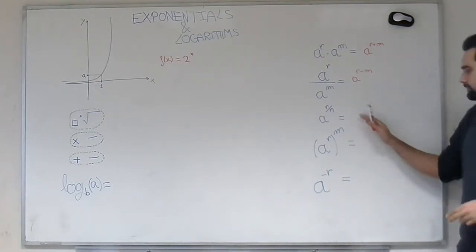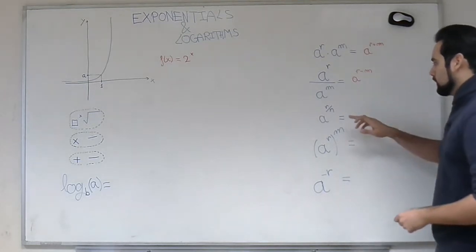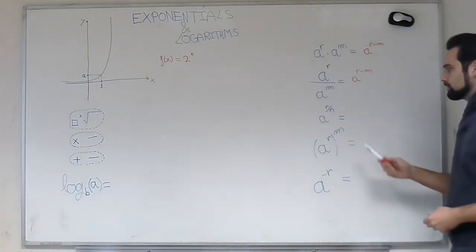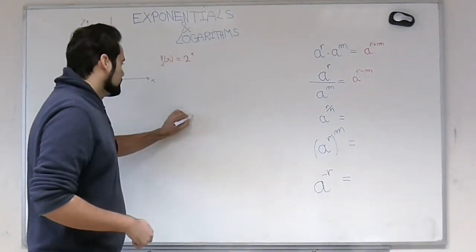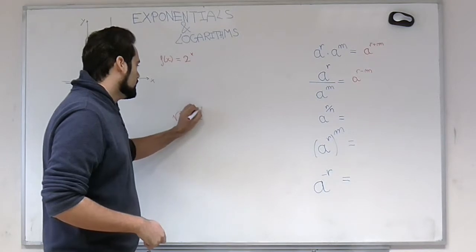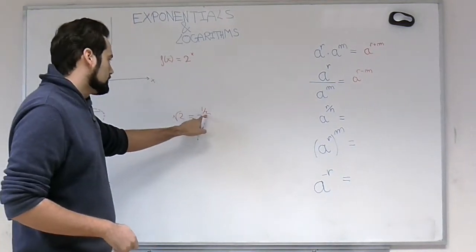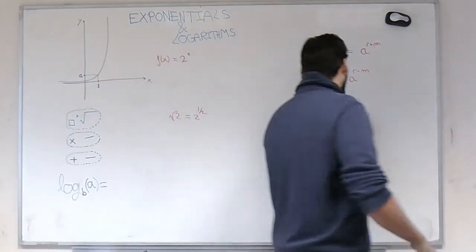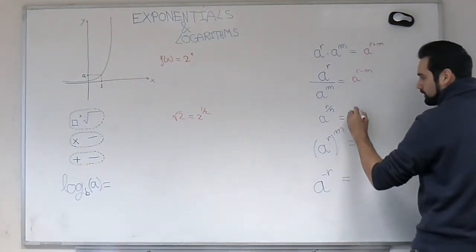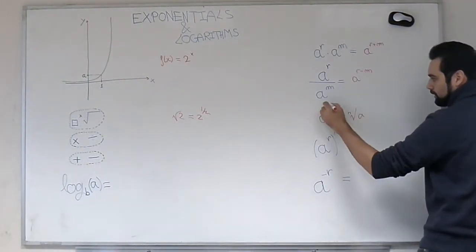And then here it gets a bit trickier, because when we have a to the power of r over n, it's like if we had square root of 2, we can write it as 2 to the power of 1/2. So then it would be the nth root of a to the power of r.